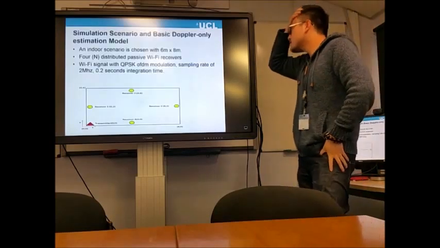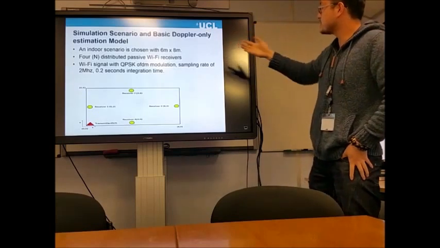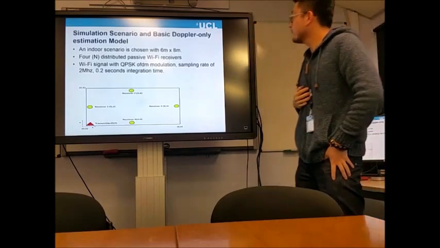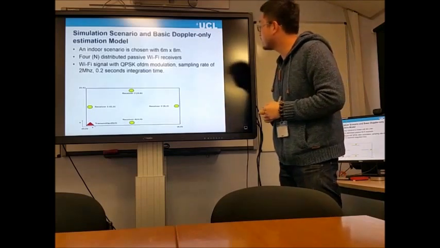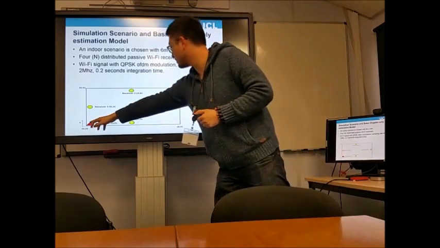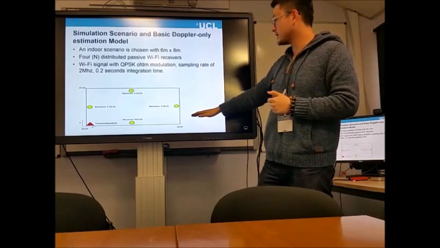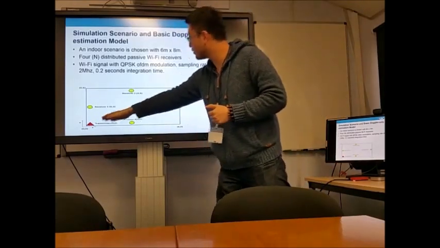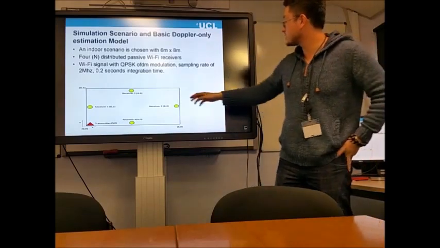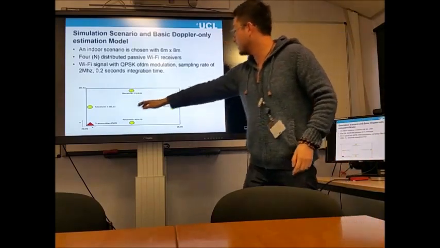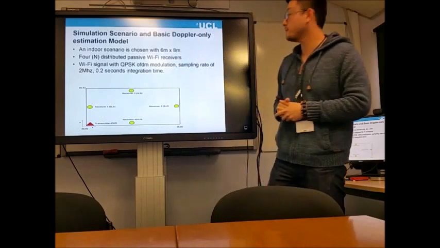Here is the simulation scenario and the basic Doppler-only estimation model. First, an indoor scenario is chosen, 6 meters by 8 meters. The horizontal axis is the x-axis, and the vertical one is the y-axis. As we can see, there are 4 receivers here, and this is the transmitter.